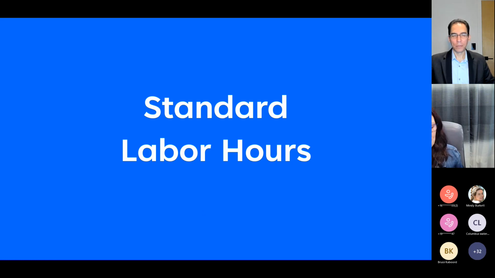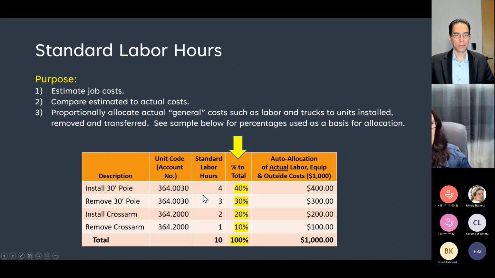Okay, so within the last month or so, we have been working a lot with Hartford in setting up their property records. And part of this has required that we estimate how much time it takes to install each different type of assembly. And so we've been talking about that, looking at what some other utilities are doing.